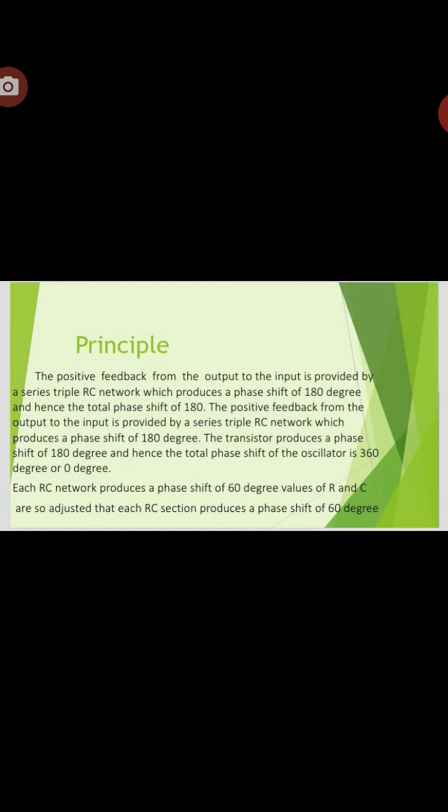Each RC section, that is C1 R1, produces a 60-degree phase shift. Another RC section also produces 60 degrees. Like that, another RC section produces 60 degrees. So a total of 180-degree phase shift is produced by the feedback network.